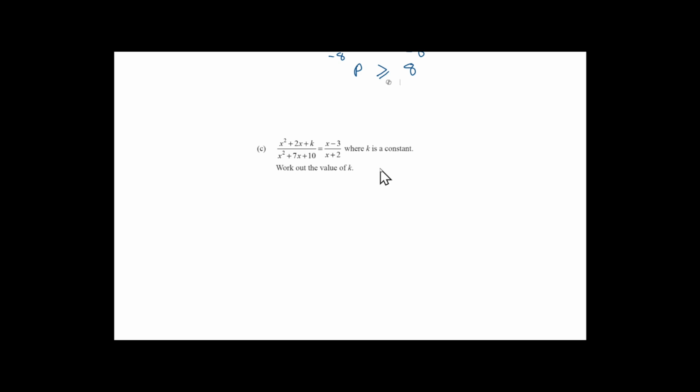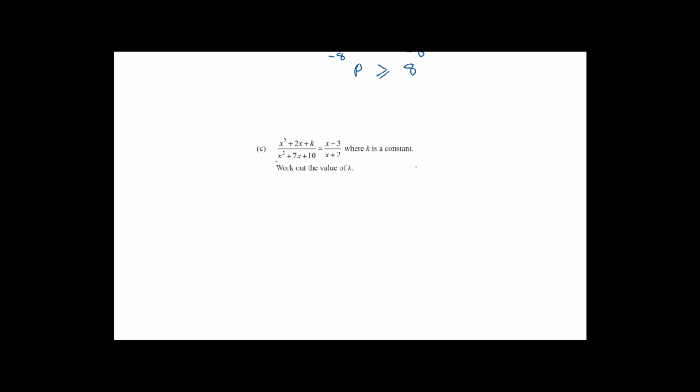k is a constant. Work out k. Okay. Dog's still barking. Well, let's keep going. All right.